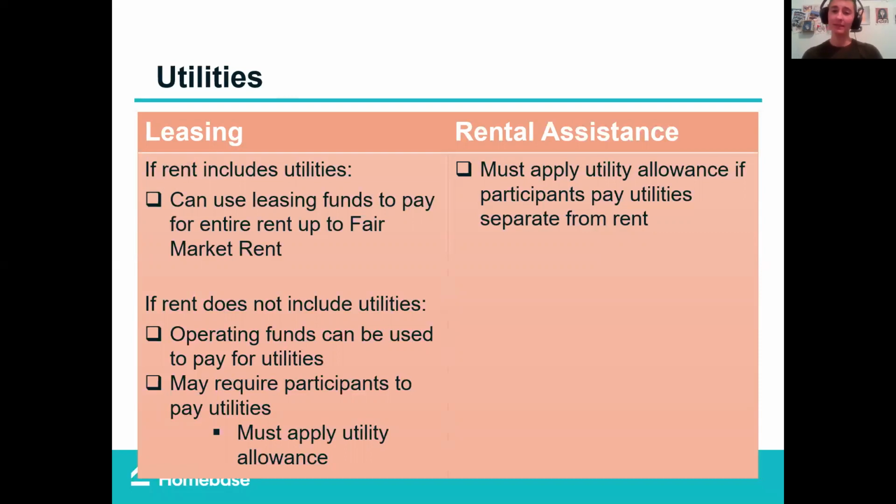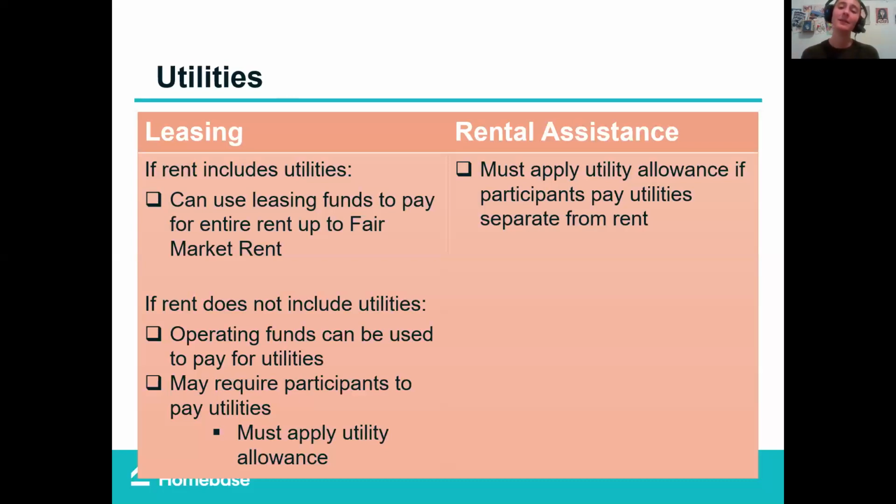For rental assistance, you have to factor in the cost of any utilities that participants are paying separate from their rent. If the participant has a lease with the landlord and the utilities are covered in their rent, then you're just helping them pay their rent to whatever extent is appropriate.